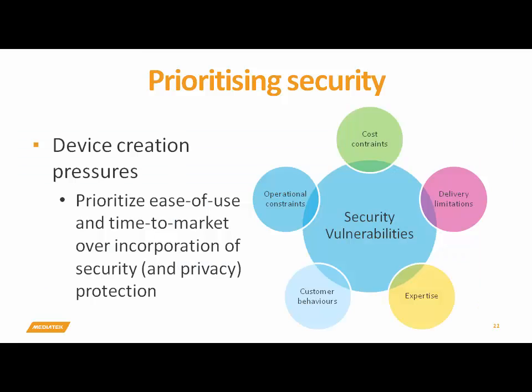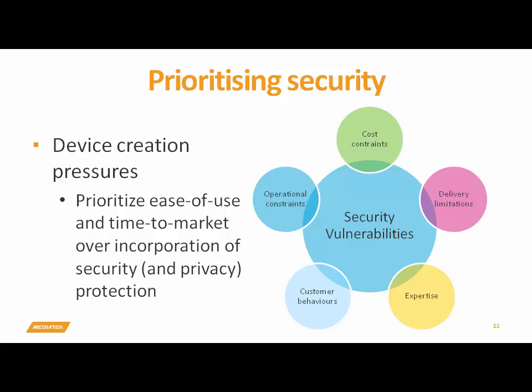So as I said, the challenge is that by prioritizing security, you're coming into conflict with the more commercial aspects of your business. So this creates device creation pressures, where there's the challenge to prioritize ease of use and time to market over privacy protection, security, those sort of things.